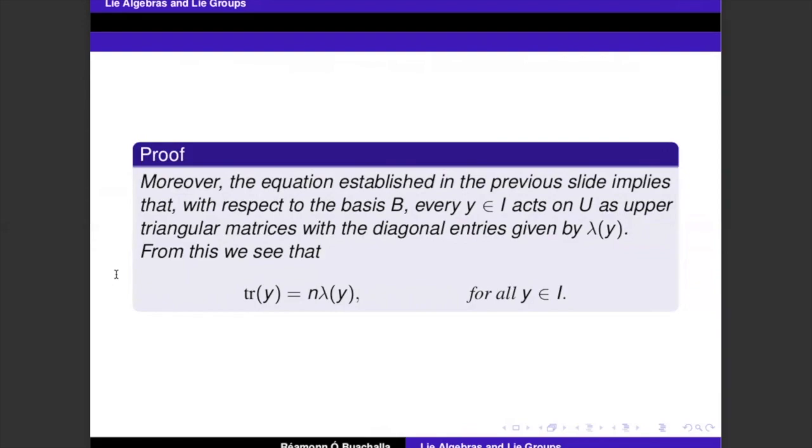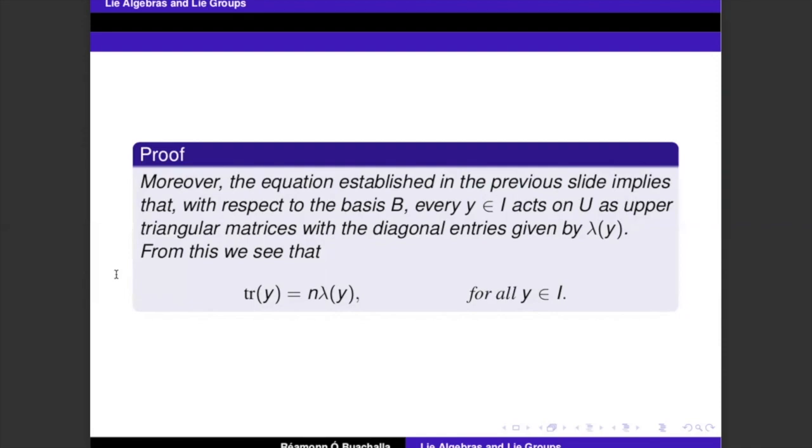Every Y in the ideal, or more precisely rho of Y, is going to act on U as an upper triangular matrix with diagonal entries given by lambda of Y. This is the basis. You should think about it if it's not immediately clear. But I think it is.